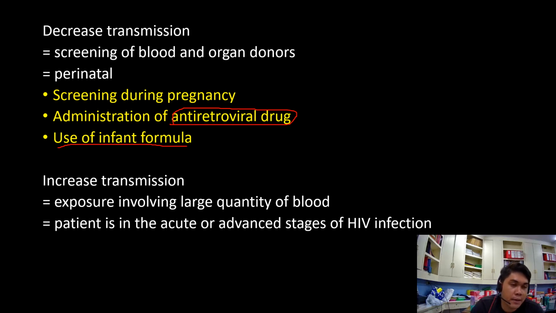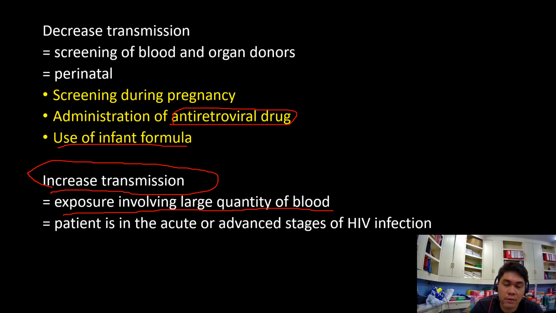The next is factors that increase the probability of HIV transmission. First is exposure involving a large quantity or large volume of blood.